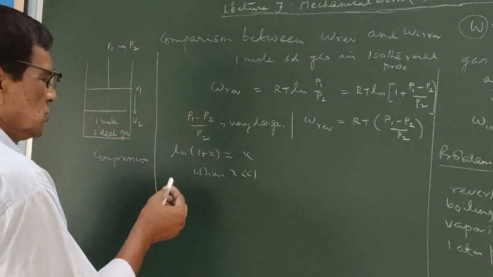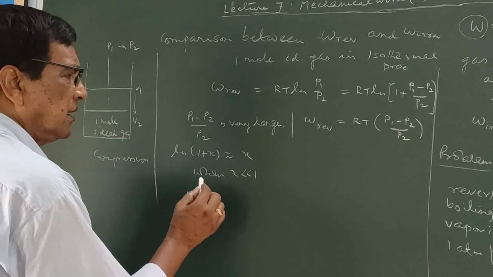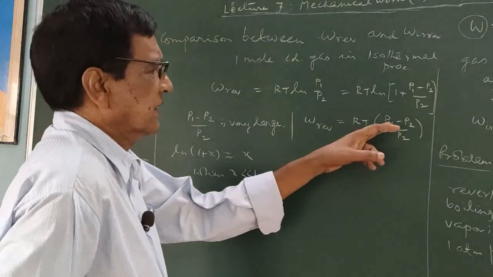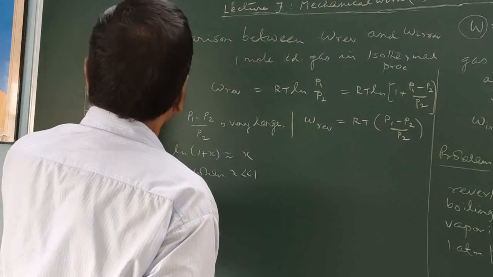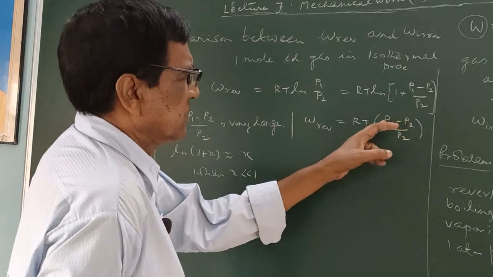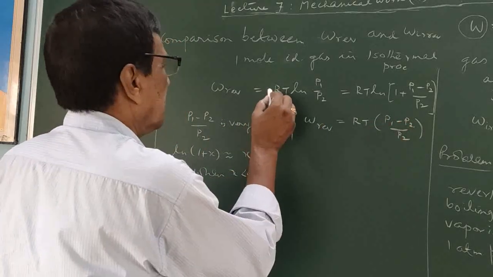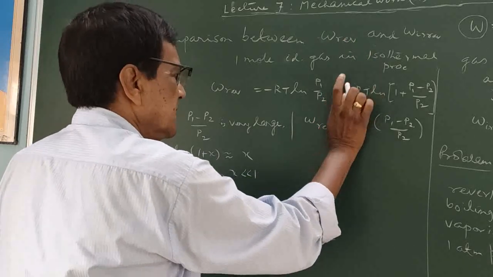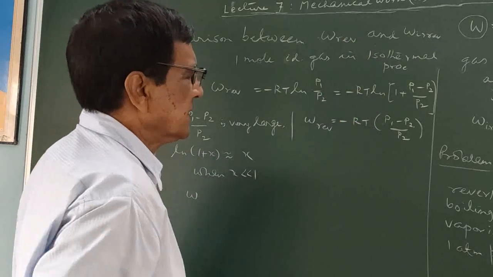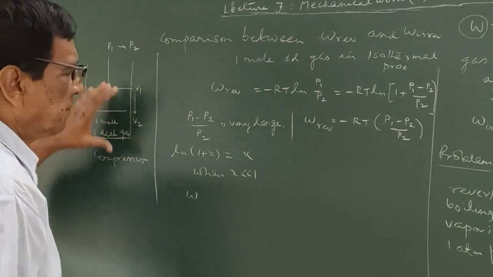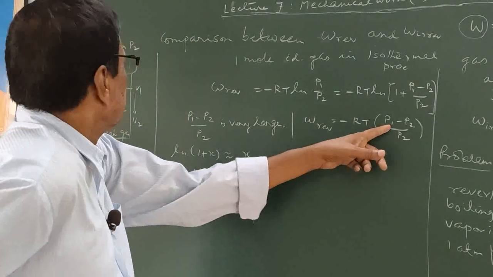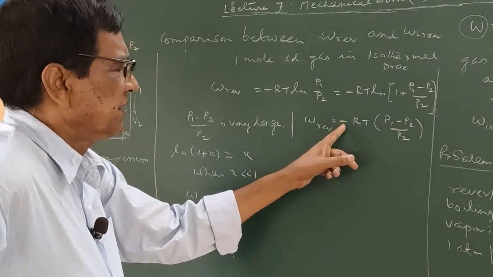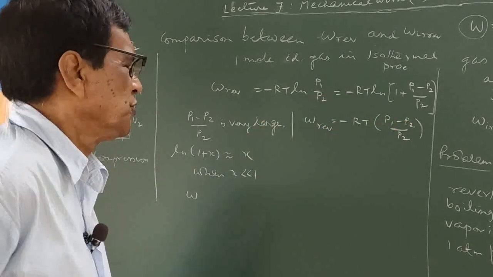So again, for this work done, if it is compression, then P1 is less, P2 is greater, and this one is negative, and here minus. If we consider the compression, P2 is greater than P1, so this one is negative, and a negative and a negative becomes positive, work done is positive.